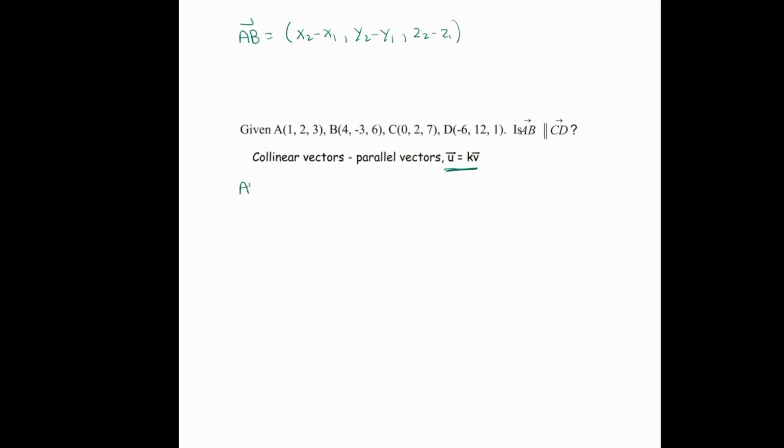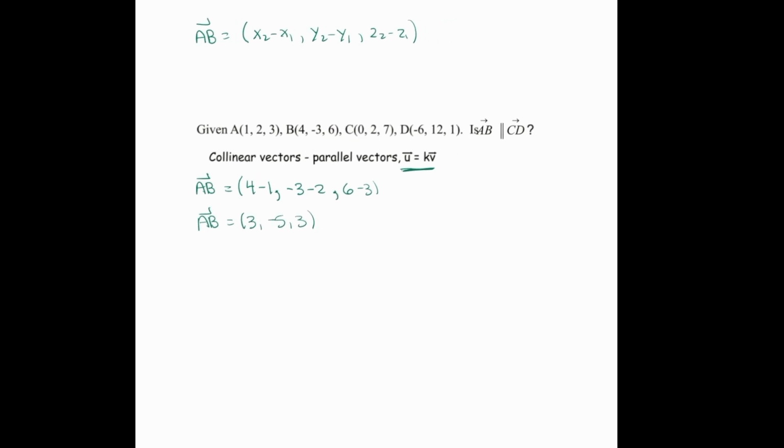So the first thing we're going to do is figure out how long is this line AB. So I have 4 minus 1, that's my x value. My y value will be negative 3 minus 2, and my z value will be 6 minus 3. So this gives me a vector of 3, negative 5, 3.